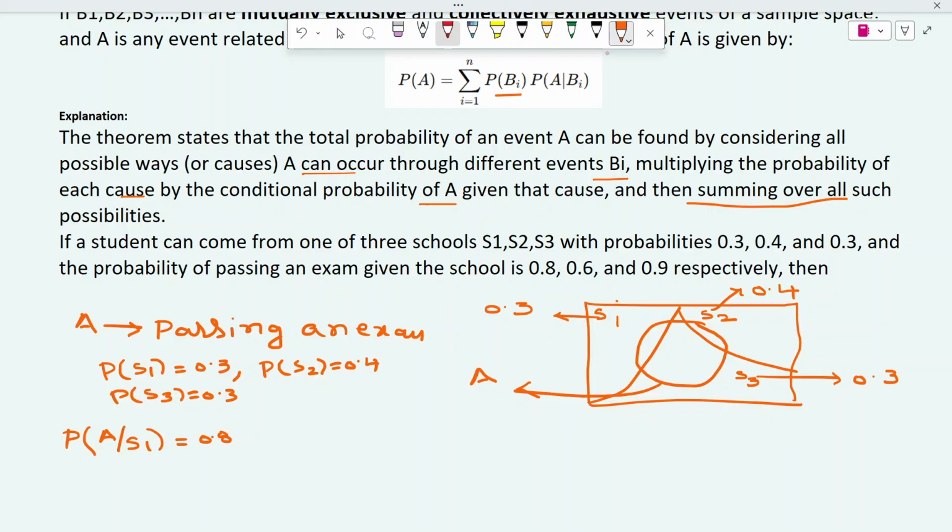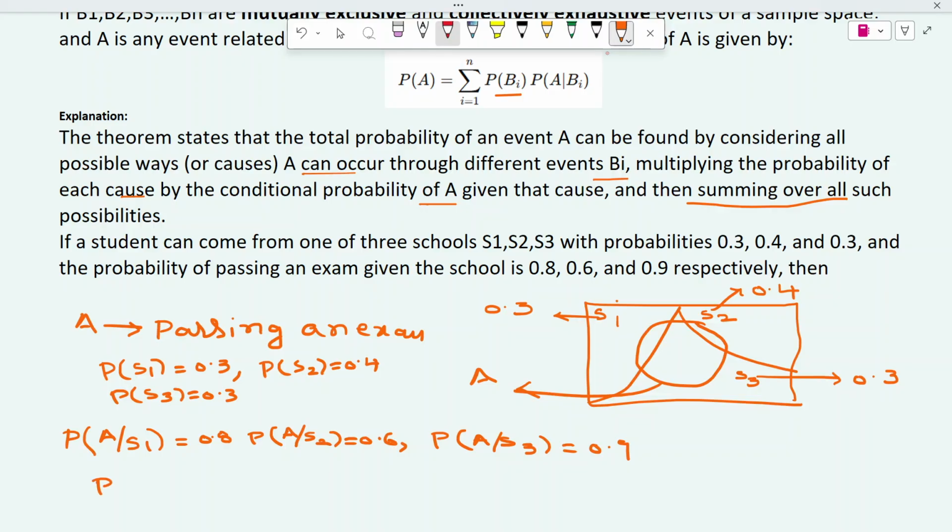Similarly, the probability of passing if he is coming from school S2 is 0.6, and the probability of passing if he is coming from school S3 is 0.9.